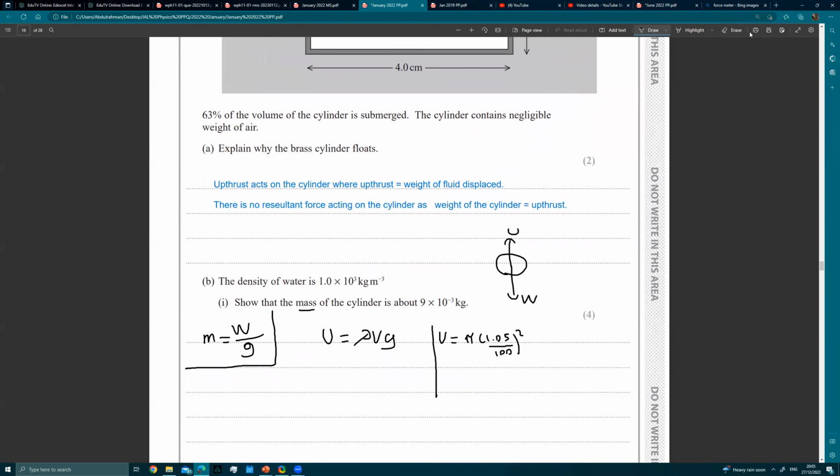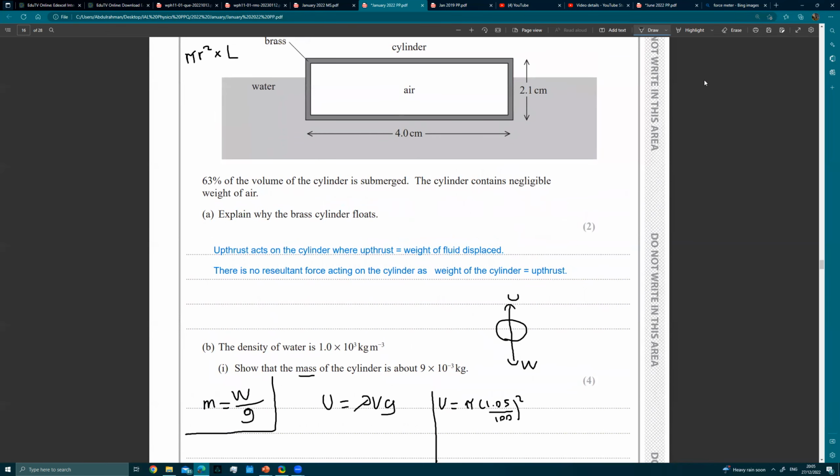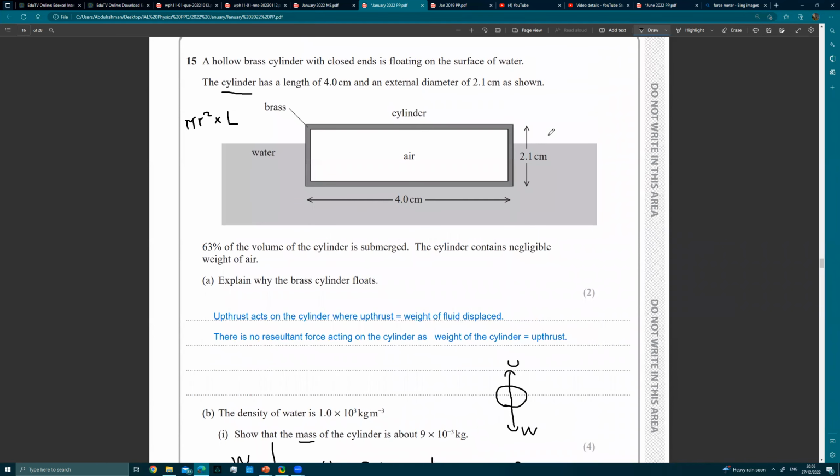So why is 2.1 the diameter? 2.1 is the diameter because this is a cylinder, okay? And it's saying that this is 2.1. It looks like something else because you're looking at it from this angle, but forget about what it looks like. It's labeled a cylinder.